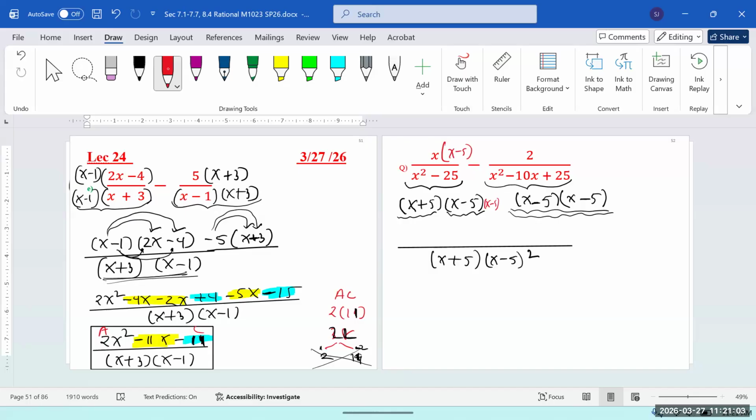Now, what is missing in the second denominator? So we squeeze this here, x plus 5, both numerator and denominator. Anything we don't have, we need to fill out. And now we are happy, both fractions have the same denominator.